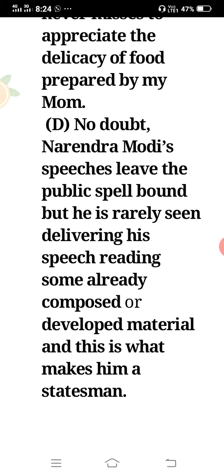See, no doubt, Narendra Modi's speeches leave the public spellbound, but he is rarely seen delivering, present participle. He is rarely seen delivering his speeches. कभी भी उसे देखा नहीं जाता कि वो अपनी भाषण दे रहा हो.